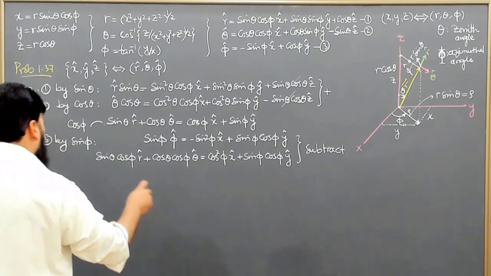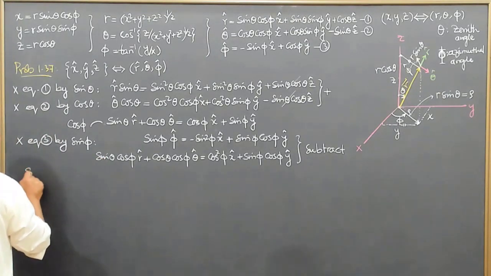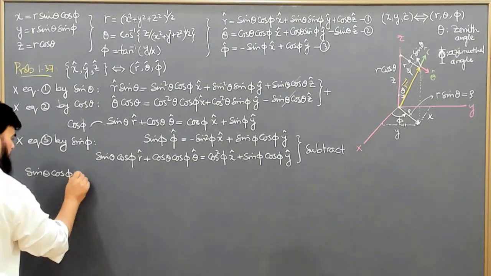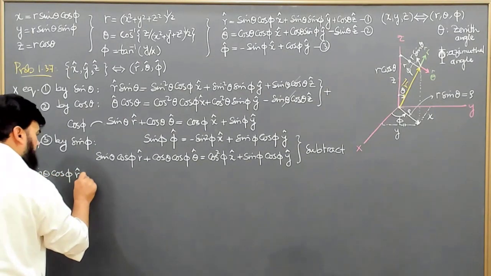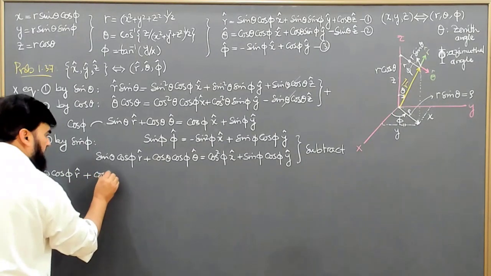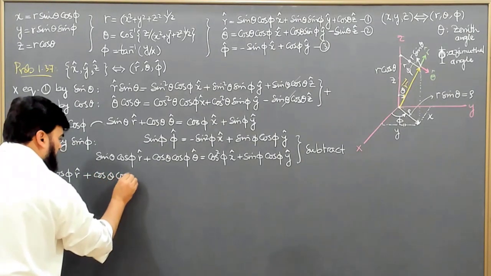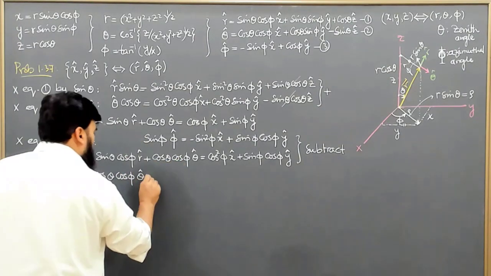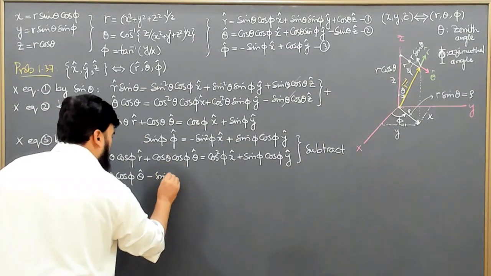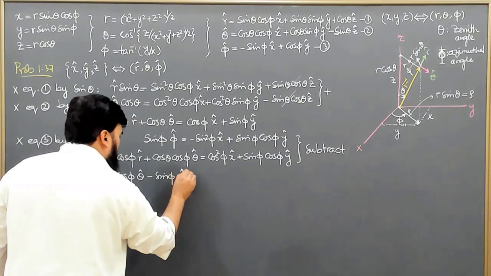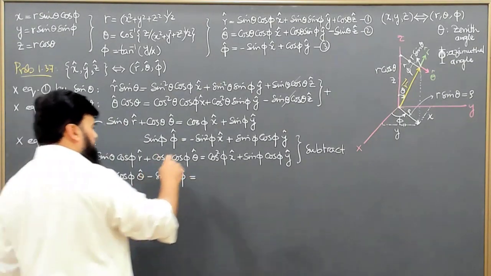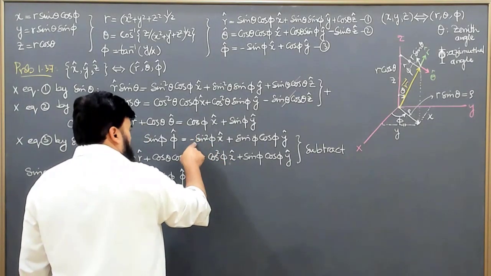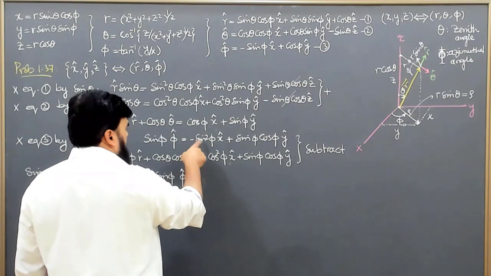It will be sine theta cos phi in the r unit vector plus cos theta cos phi in the theta unit vector minus sine phi in the phi unit vector is equal to, now this will be cos square phi, minus becomes plus, and sine square phi.